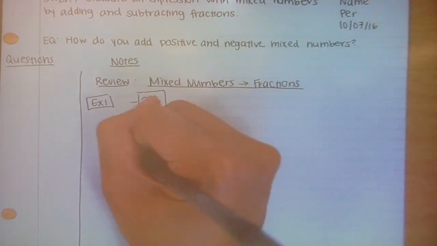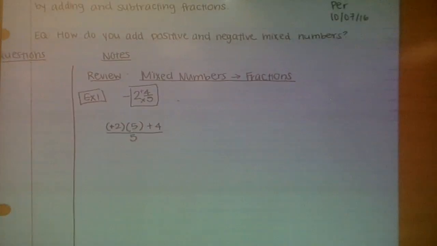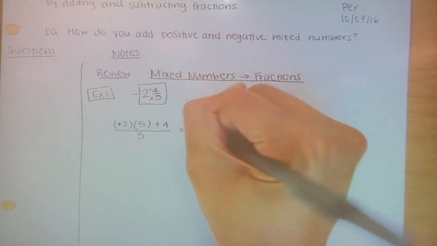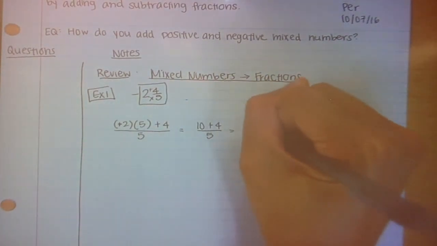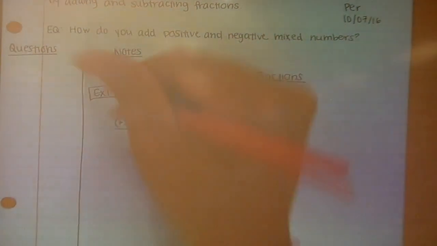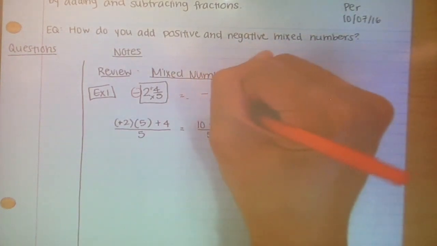So 2 times 5 plus 4, and our denominator stays the same. So this gives us 10 plus 4 all over 5, which is the same as 14 over 5. And we can't forget this negative sign at the beginning, so this is equivalent to -14 over 5.